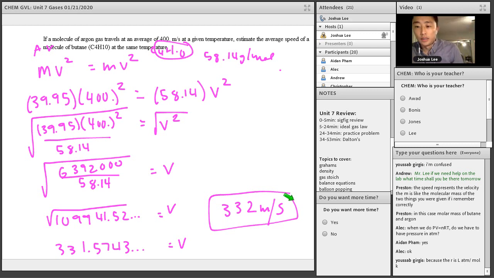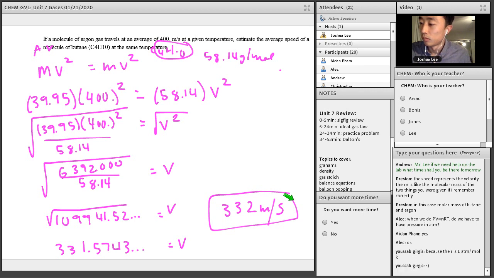Because the R is liter atmosphere per mole Kelvin. Correct. So hopefully for those of you that got this or didn't get this, you see where you went wrong. A lot of times it's just because people forget to square something when they should have squared it, or they just did math wrong.